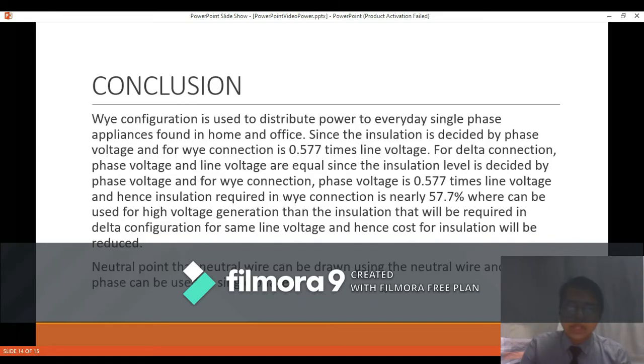We continue with the conclusion. The wye configuration is used to distribute power to everyday single-phase appliances found in homes and offices.